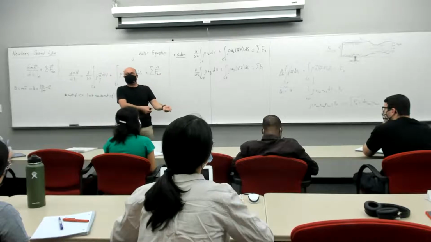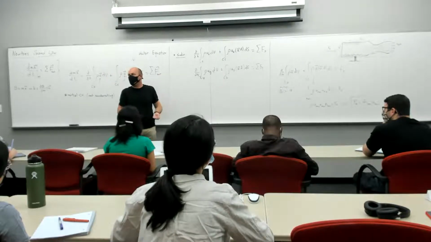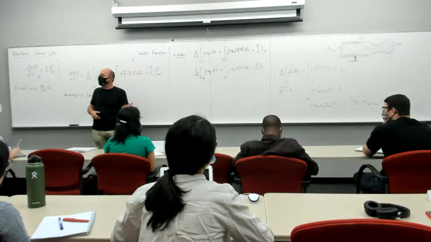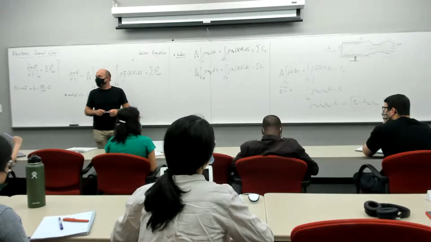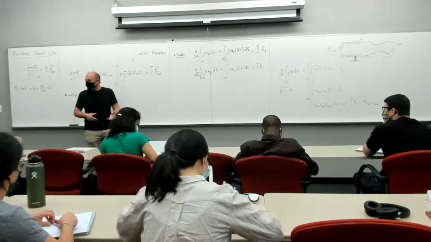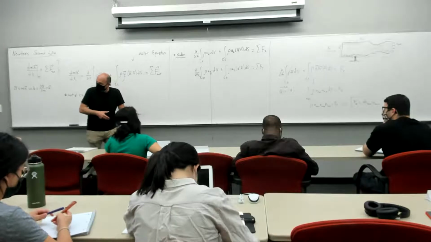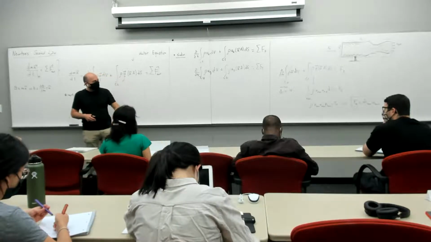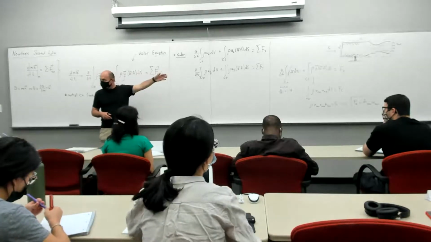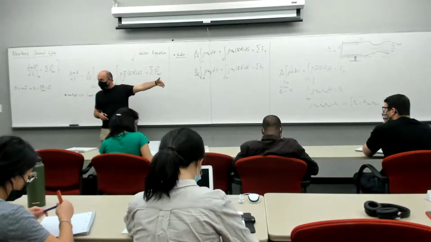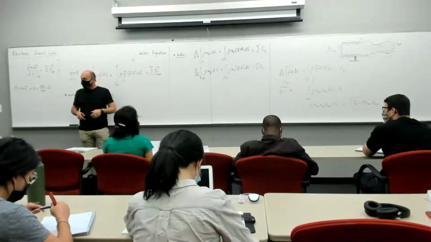Same concept applies to a water hose and a firefighter. The force exerted on them, and the reaction they're exerting on the hose to hold it together, is proportional to the mass flow rate coming out and the velocity. And it makes sense.